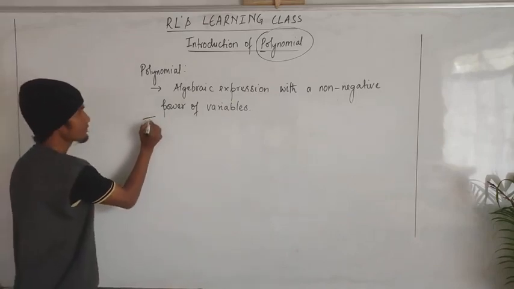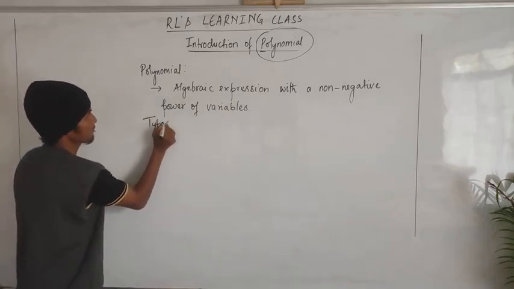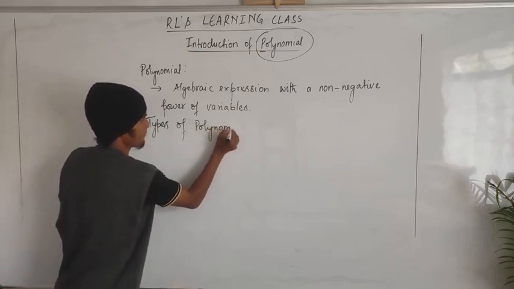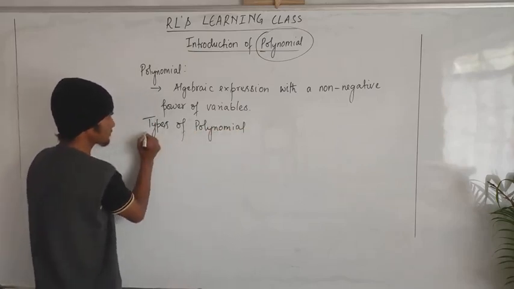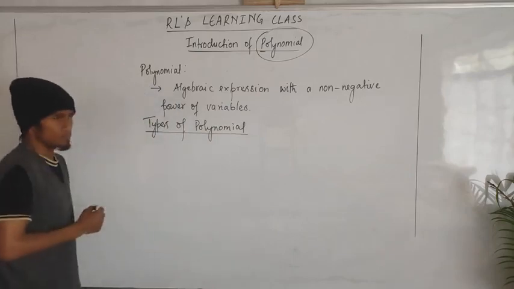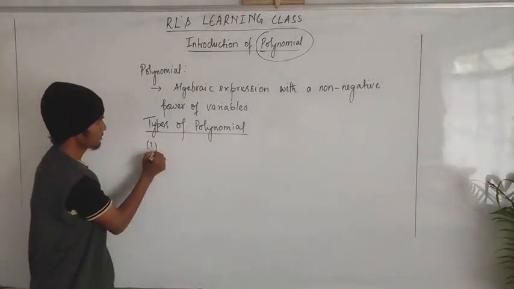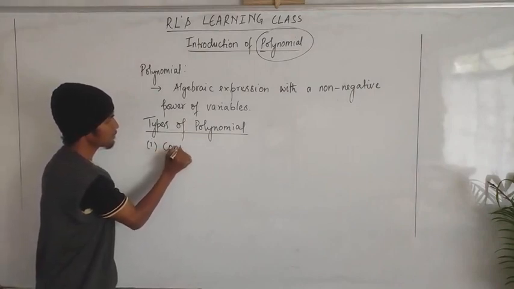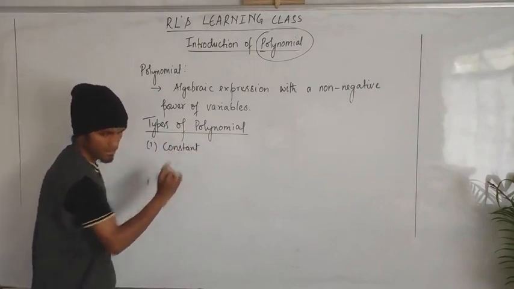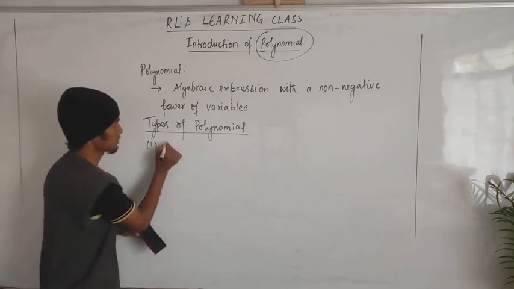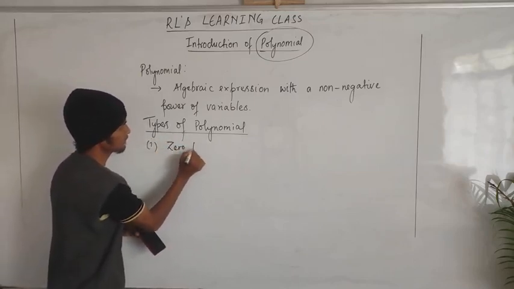Okay, types of polynomial. Number 1, I'll start first with the zero polynomial.